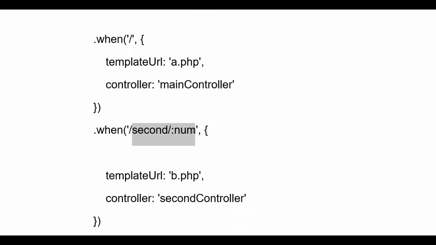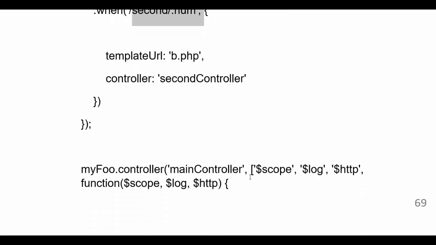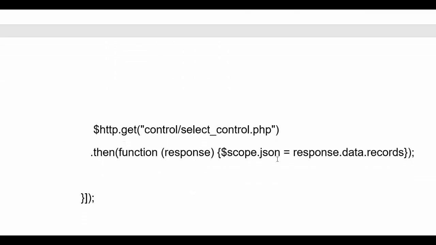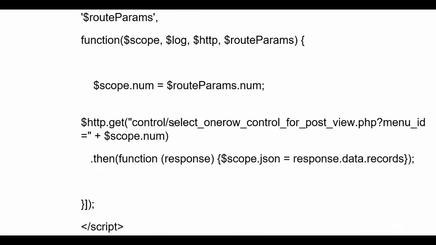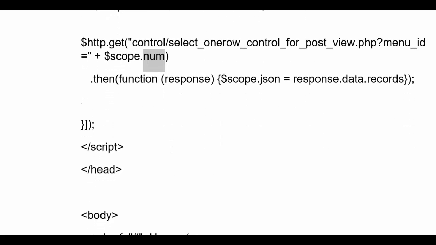And in second num, we call select control, and in second we call this page with variable menu ID. And also here is the connection with JSON data.